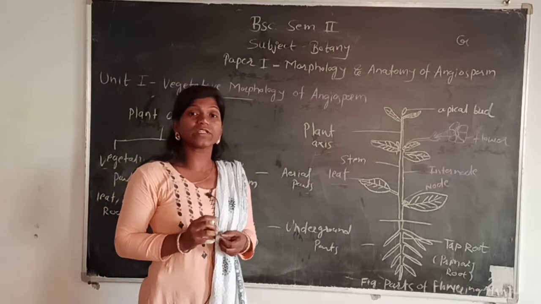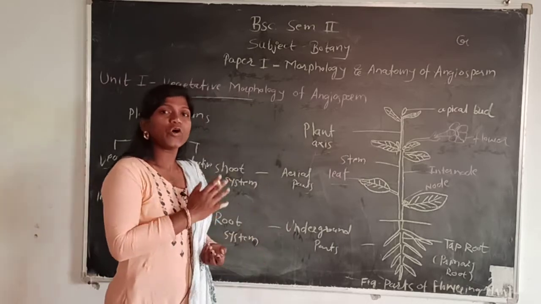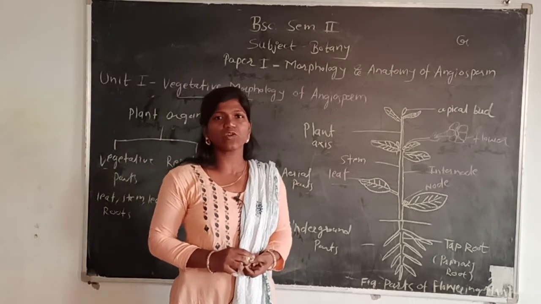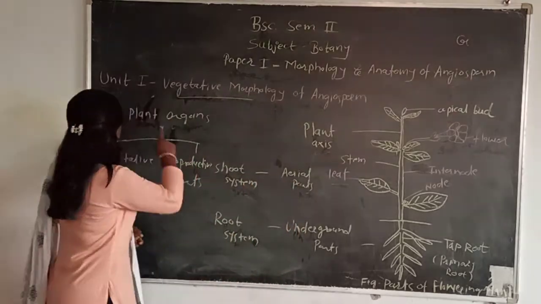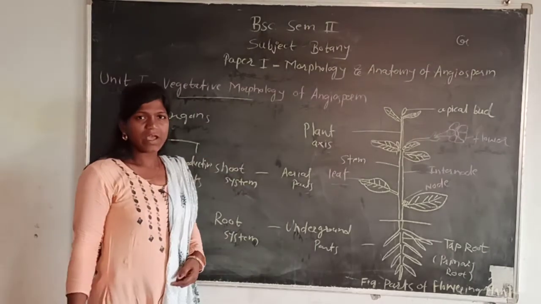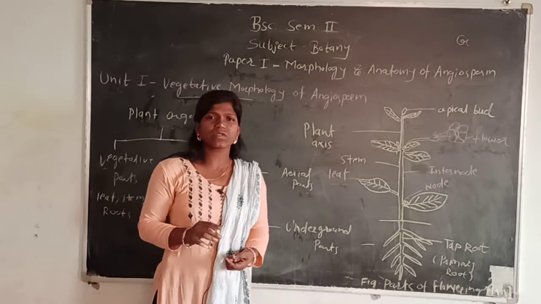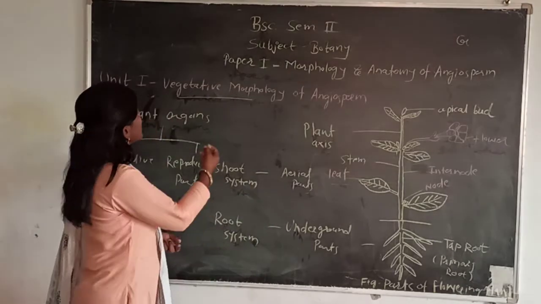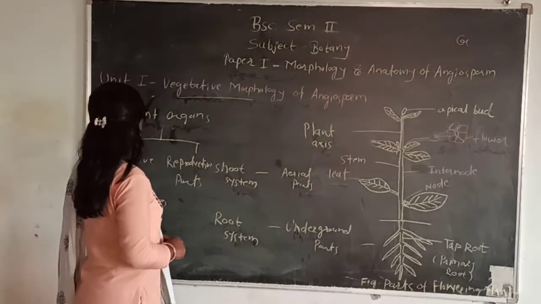So these vegetative functions are performed by the root, stem and leaves. Therefore they are called the vegetative parts of the plant body. In unit first we will study the vegetative morphology, meaning the morphology of root, stem and leaves.